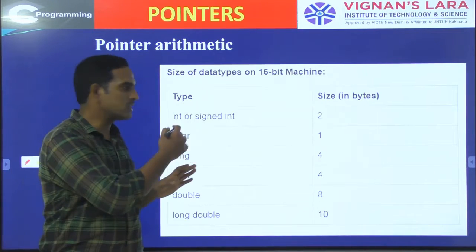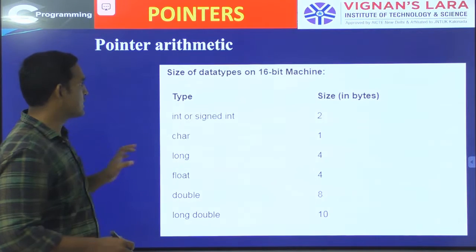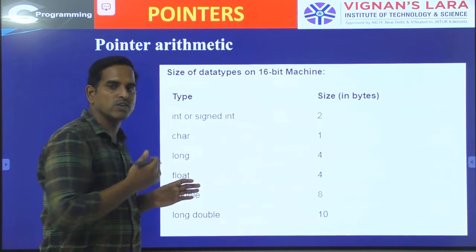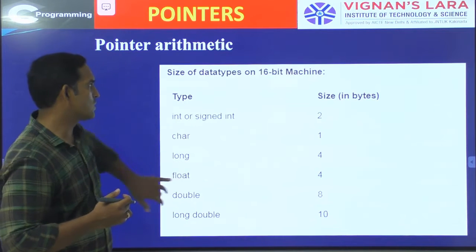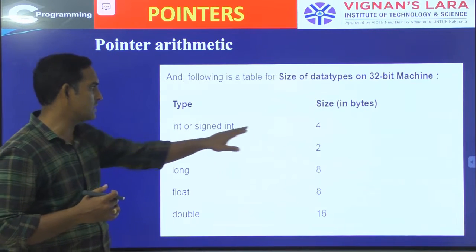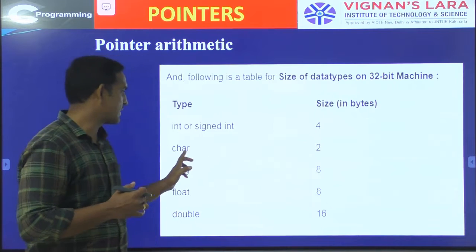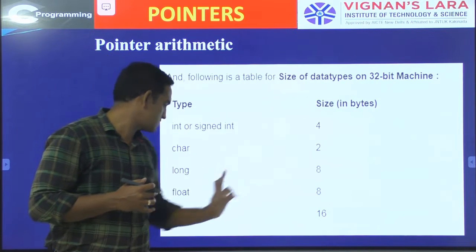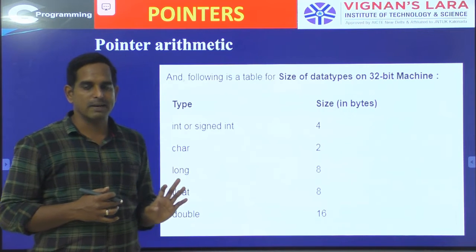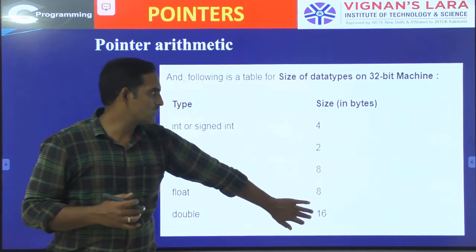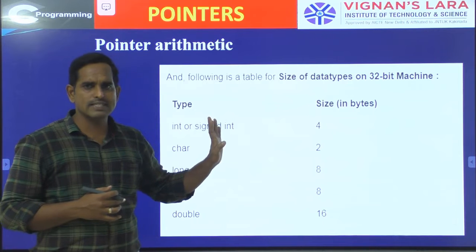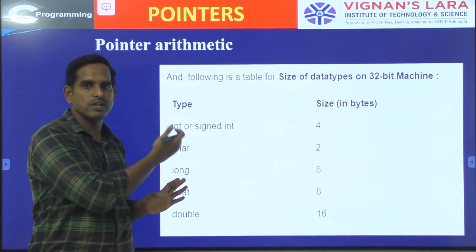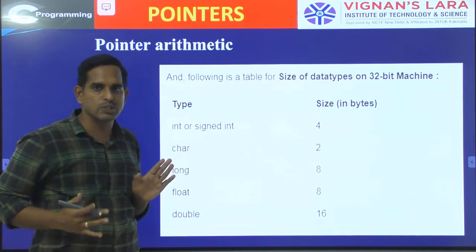This size of the data type will affect your pointer arithmetic. On a 32-bit machine, integer is 4 bytes, and long and float are 8 bytes, and double is 16 bytes. So these are the various sizes of the data types on a 16-bit or a 32-bit machine.